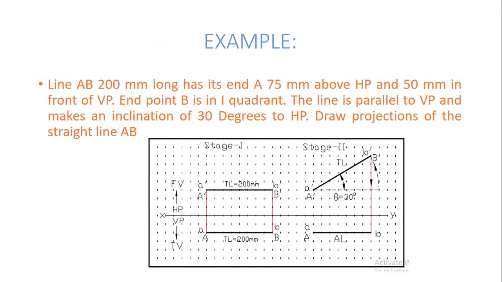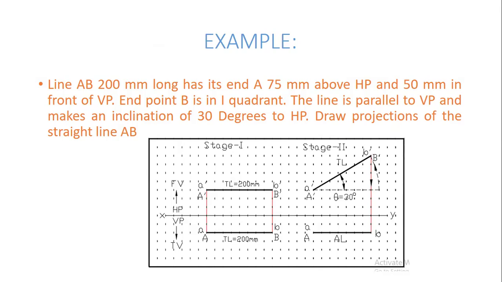Now, what is given? The line AB is inclined to the horizontal plane. The angle of inclination is 30 degrees. So now you tilt the line at an angle of inclination 30 degrees. So the front view is slightly tilted at an angle 30 degrees. As a result, the image of the top view will get foreshortened due to the angle of inclination.